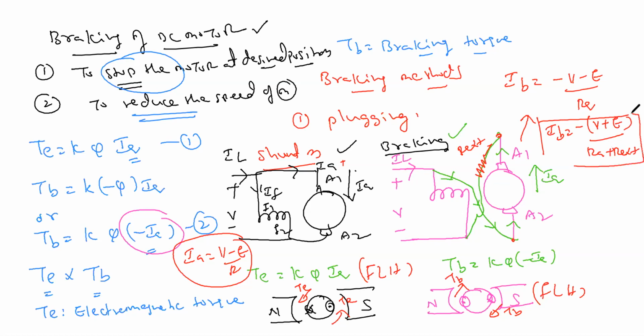So to control the braking current in plugging, external resistance should be added, and that external resistance creates losses here now. Please mention that point.